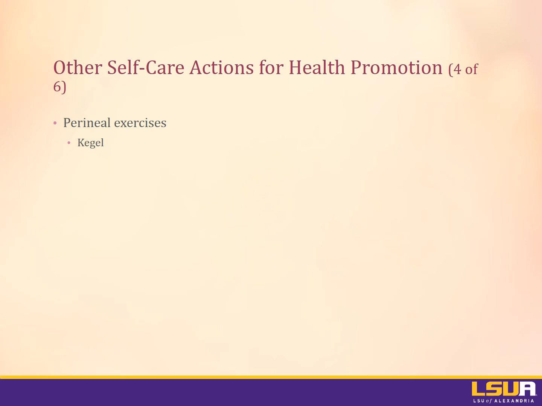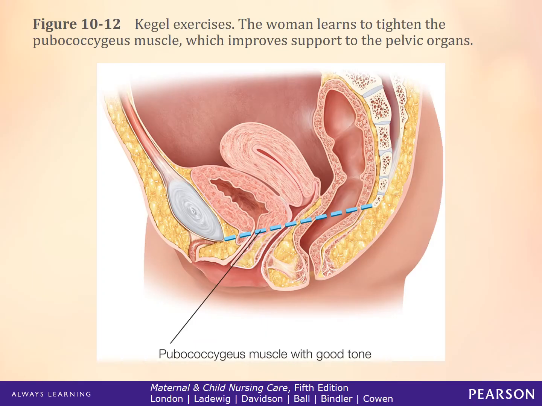Perineal exercises, which are called Kegel exercises, help to strengthen the perineal muscles. This is a picture of what Kegel exercises can do, and she learns to tighten her pubic muscles, and it improves the support of those pelvic organs and helps get those muscles back into shape after she's had a baby.